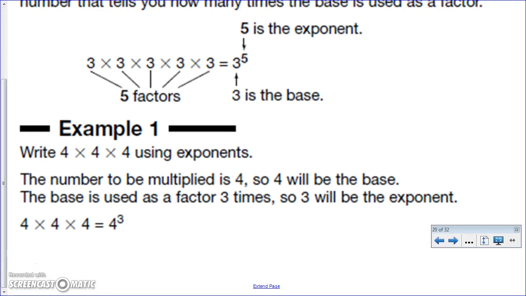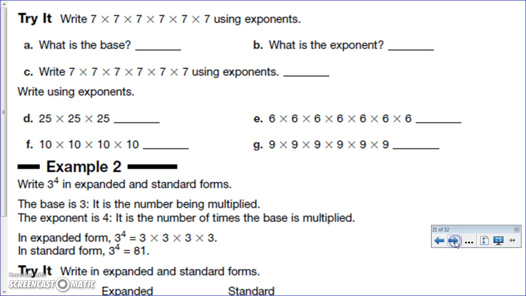In example 1, it's writing 4 times 4 times 4 using exponents. The number to be multiplied is 4, so 4 is the base, and the base is used as a factor 3 times, so 3 is going to be the exponent. So 4 times 4 times 4 is 4 to the third. Try it. Write 7 times 7 times 7 times 7 times 7 times 7 using exponents.